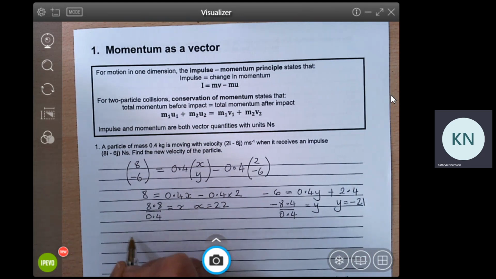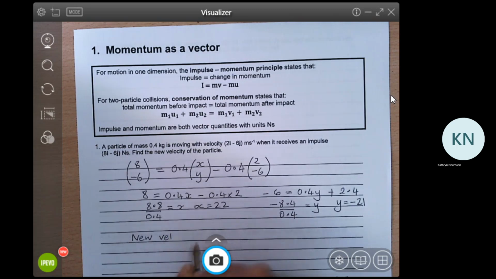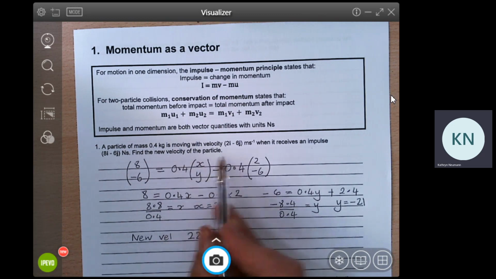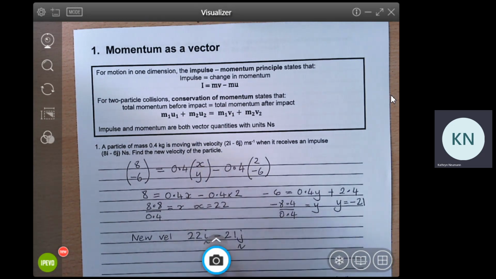Remember to state your answer. The new velocity is going to be 22i minus 21j. And I'm giving my answers in i's and j's because the original question was written in those terms. If you were asked to find the speed afterwards, you would need to find the magnitude of that velocity.